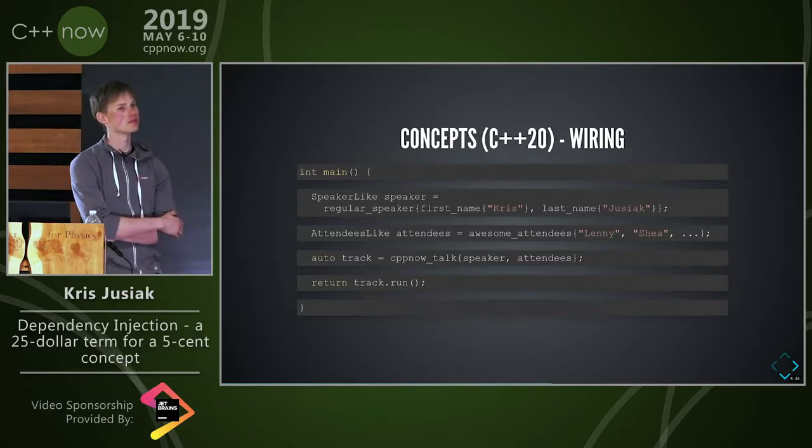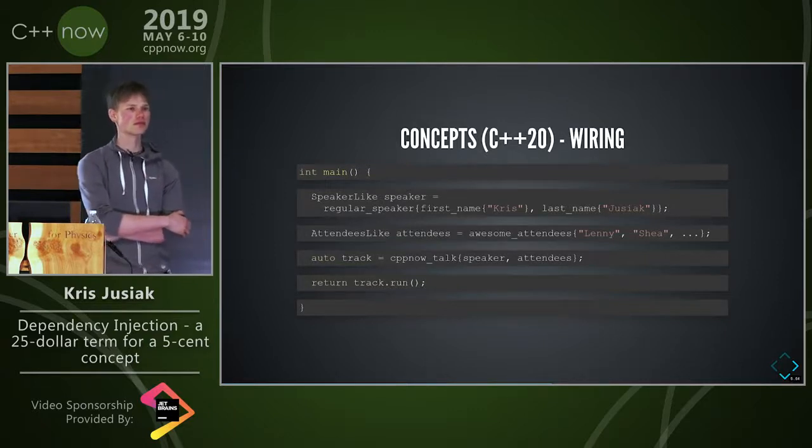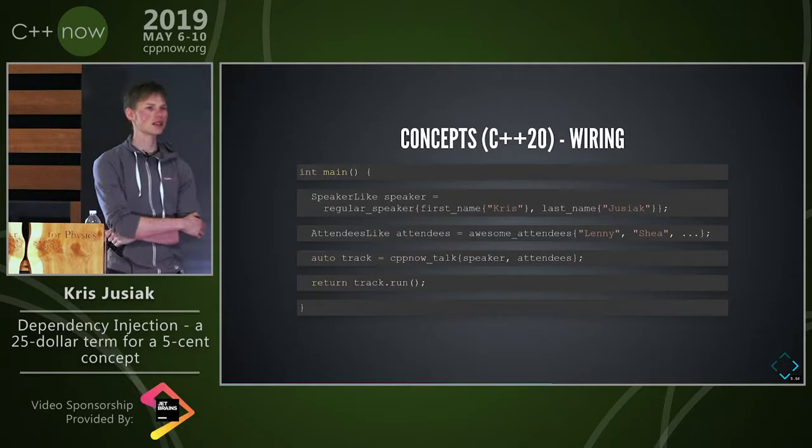True, but there's no reason to couple it there. CVNow line 3 will get everything for you. Could you repeat? The auto track equals CVNow talk will make sure that the concept requirements are satisfied. All right, I agree.